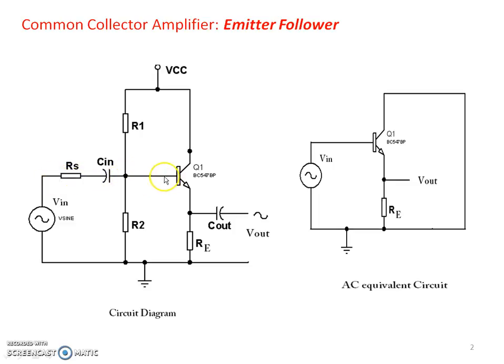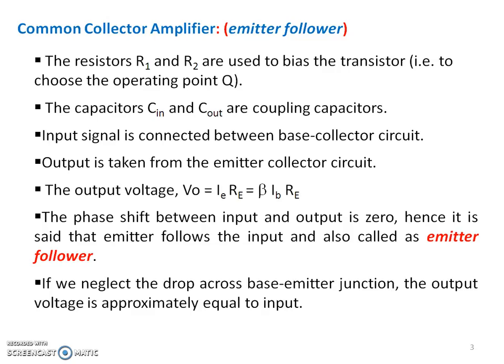A very little drop will occur between the base and emitter terminals, and the rest of the signal is available as an output across the RE terminal. So we can say that this amplifier provides unity gain as far as voltage is concerned.